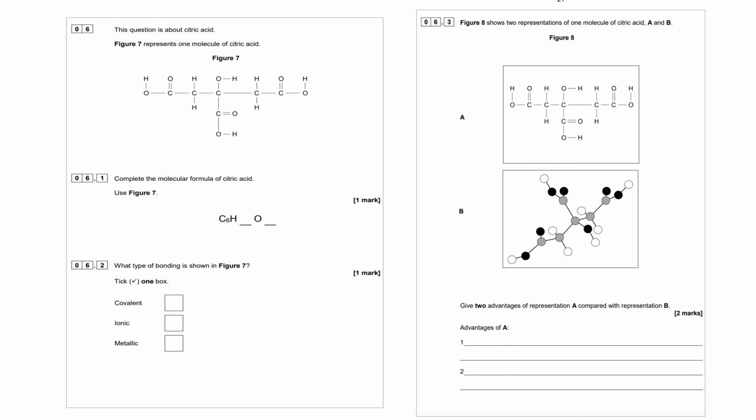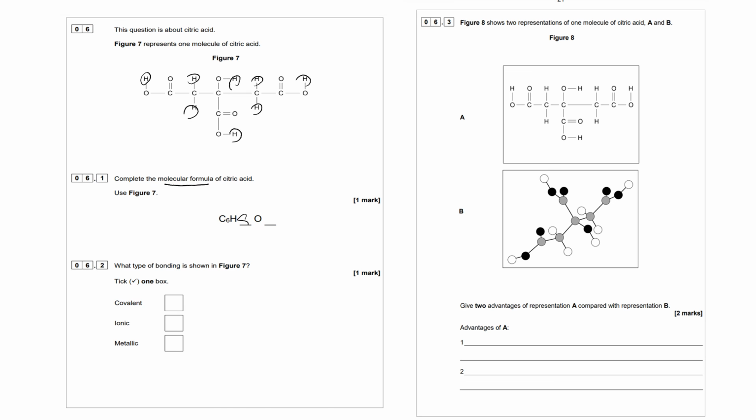Here we're moving on to the organic chemistry topic. They have used the citric acid formula here, and it says complete the molecular formula. So it's easy to do this. All you need to do is count the number of each element. It already tells you there are 6 carbons. If you start counting the number of hydrogens, you go 1, 2, 3, 4, 5, 6, 7, and 8.